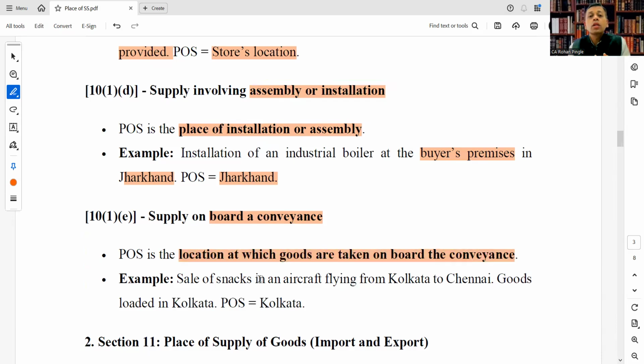Whenever the goods are taken on board, that location will be the place of supply in case of clause E, section 10, subsection 1, that is supply on board conveyance. Let's see an example.